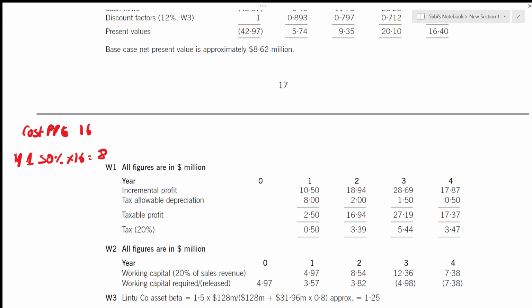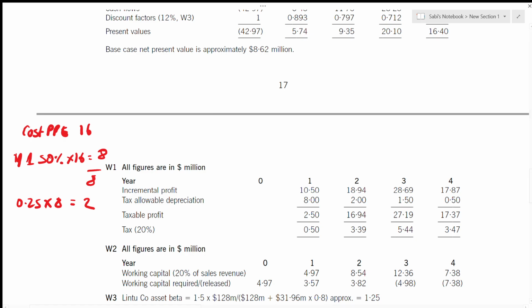So the cost is 16, 16 minus 8, you will be having 8 now. On this 8, you have to apply 25%. You will be getting how much? You will be getting 2. So exactly this 2 comes in the second year.